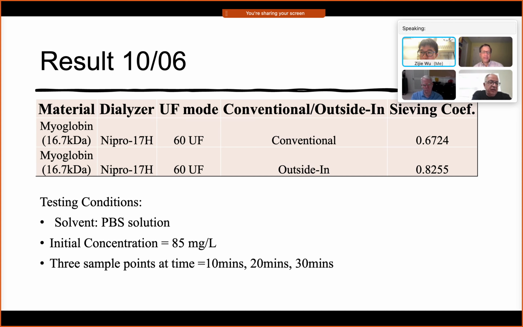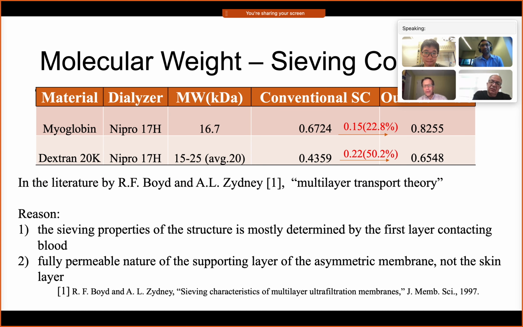And the reason the sieving coefficient depends on the selective layer? Yes. So how do you explain that? So again, it has to do with the polarization that occurs inside the filter.